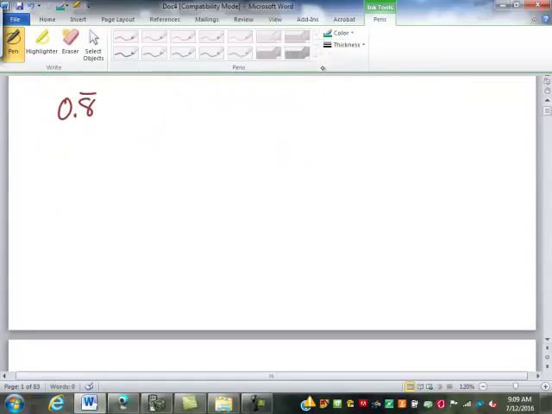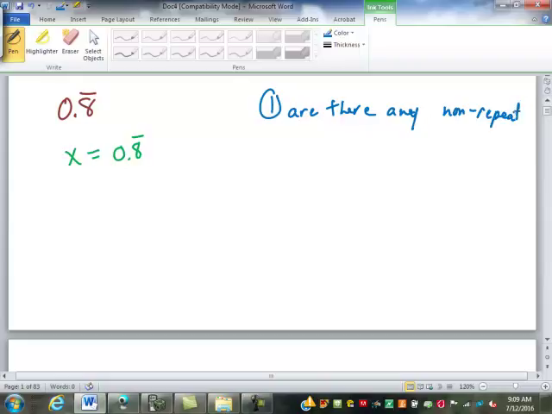So what I'm going to do is this. I'm going to let x equal 0.8 repeating. Now there's 2 questions I have to ask to change this. One is, are there any non-repeating decimals? In this case, are there any decimal places that don't repeat?